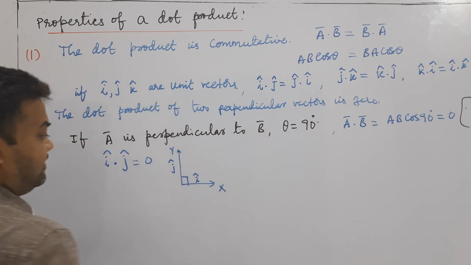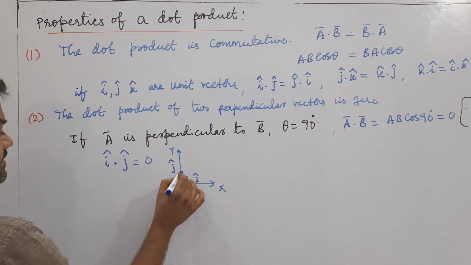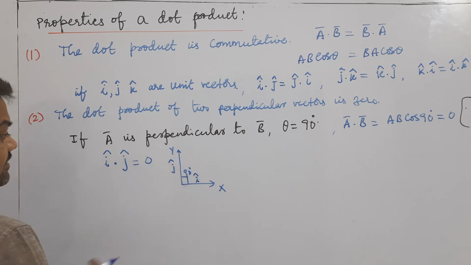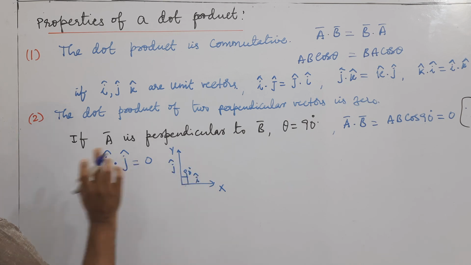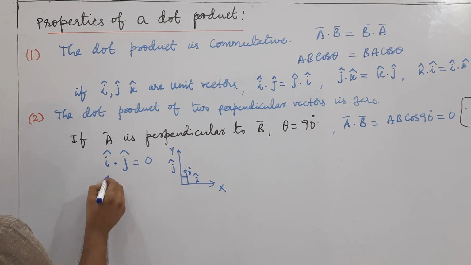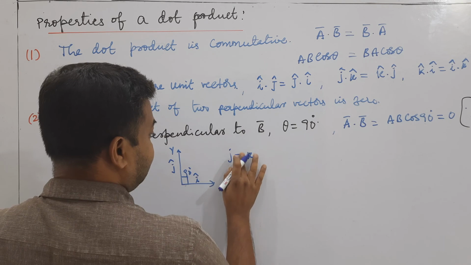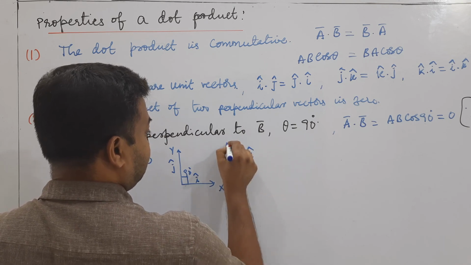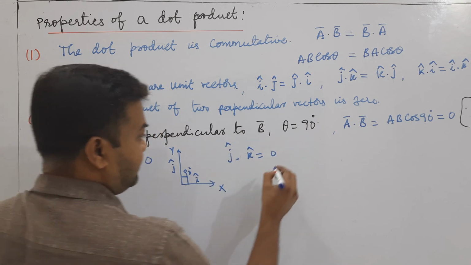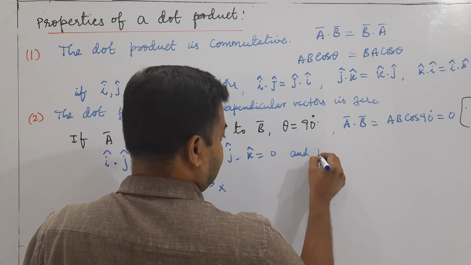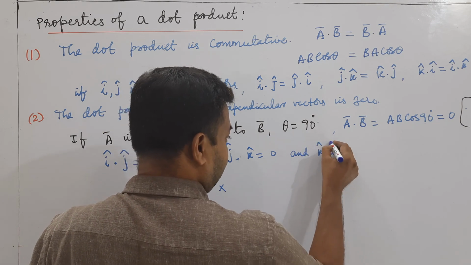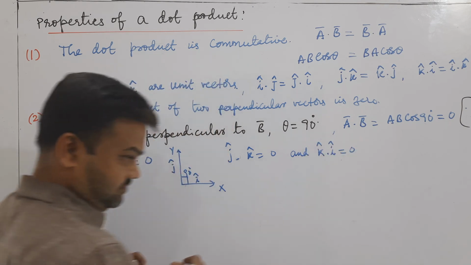What is the angle? 90 degrees. Then i bar dot j bar is 0. The same way, j cap dot k cap is also 0, and k cap dot i cap is 0.